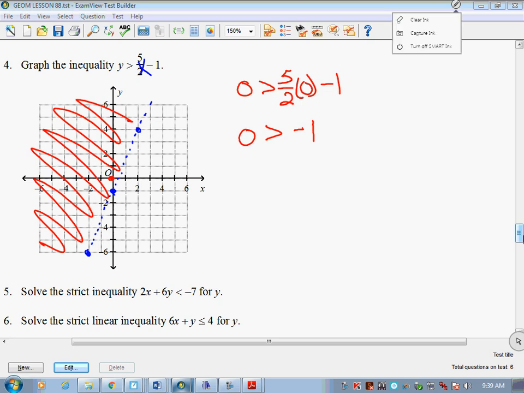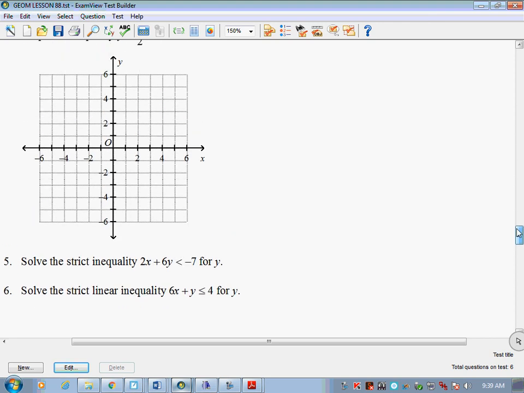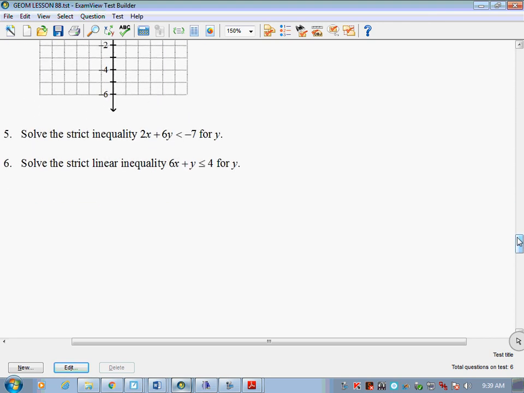All right, 2 more. Let's see, 5 and 6. Solve the strict inequality 2x plus 6y is less than -1 for y. Just like question number 3, what do I want to do here? All right, so I've got 6y is less than -2x minus 7, right?